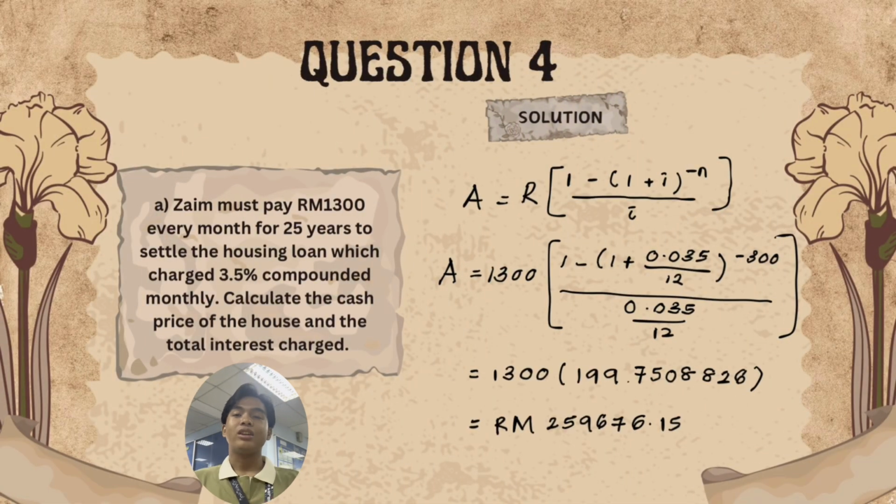My name is Fatimah. Let me show you an example question for annuity. Question 4a. Zai must pay RM 1,300 every month for 25 years to settle the housing loan, which charges 3.5% compounded monthly. Calculate the cash price of the house and the total interest charge. In this question, we are using the present value formula, which is A equal to R open bracket 1 minus open bracket 1 plus i close bracket power of minus n over i close bracket.